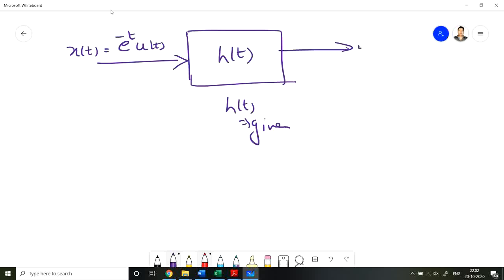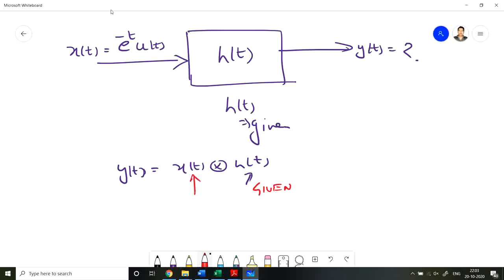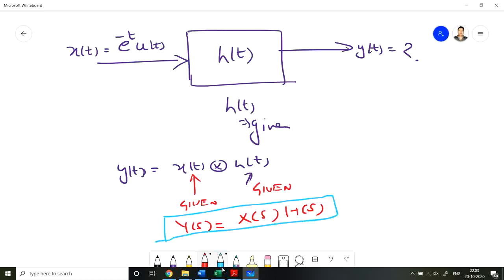Now what is our task? Our task is to find the value of the output y(t). So again y(t) is equal to x(t) convolved with h(t). This h(t) is given, and this is also given. So Y(s) is the multiplication of X(s) with H(s). In that case we have both causal signals. So Y(s) is X(s) into H(s).